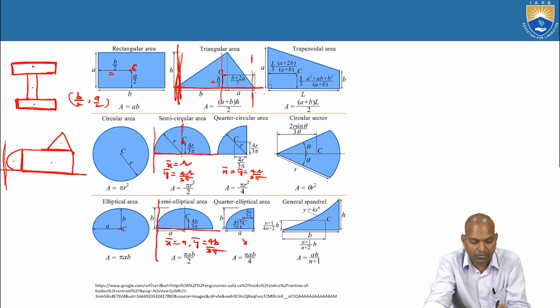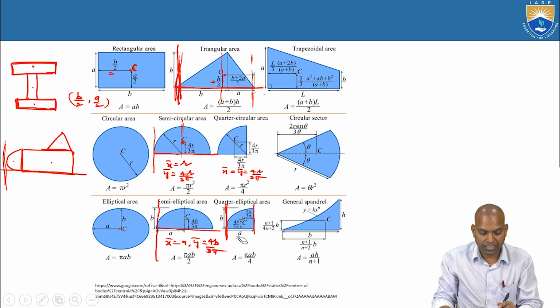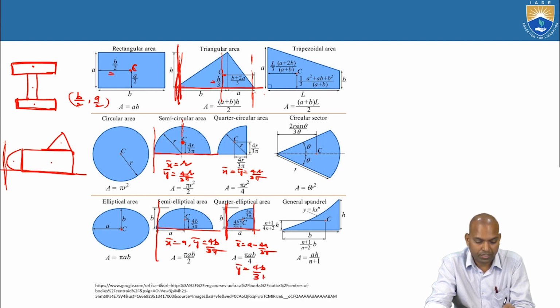Next, bar X and bar Y, if you consider the reference axis on the other side of the semi-elliptical area, what about this distance? Bar X equals A minus 4A by 3 pi, and bar Y equals 4B by 3 pi.